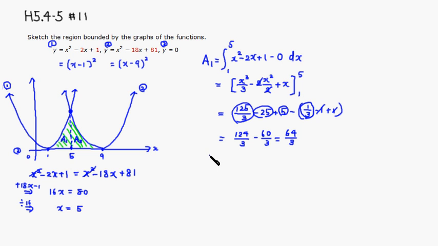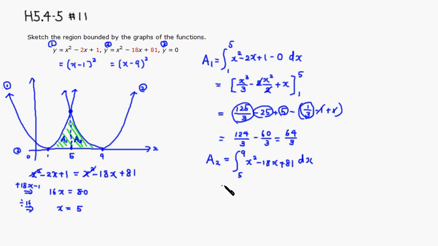So let's find A2. And I have a feeling that it's going to be exactly the same number, but let's try that. So it's the integral from 5 to 9. Then the top guy is x squared minus 18x plus 81, minus 1, and dx.